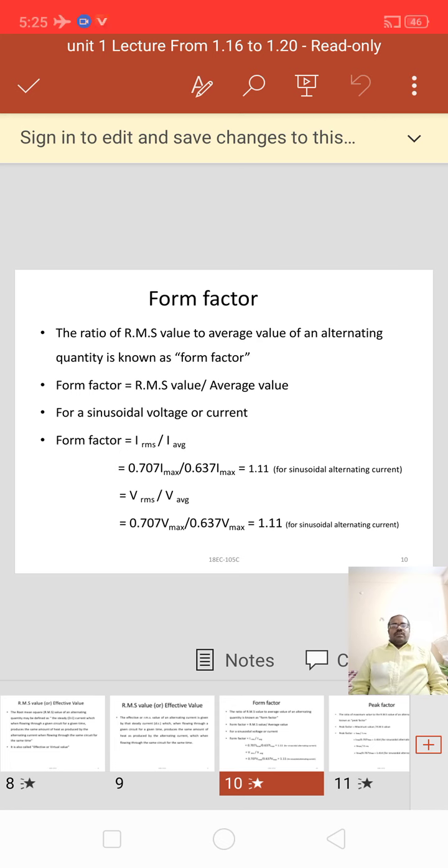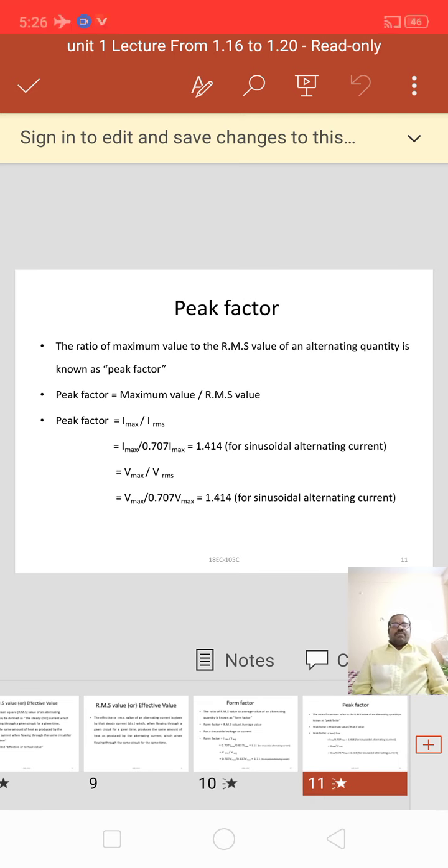Last but not the least, form factor is defined as the ratio of RMS value to the average value, which equals 1.11 for sinusoidal voltage and current. For voltage, the equation is V RMS by V average. For current, I RMS by I average.